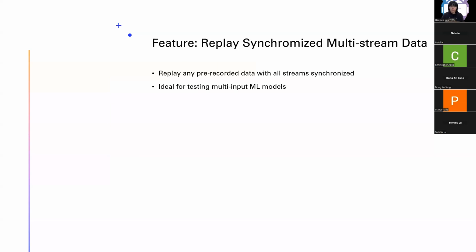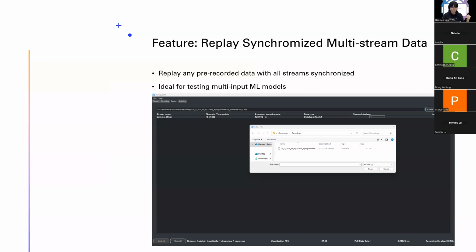So the next feature I want to introduce is replay of synchronized multi-stream data. Inside PhysioLabXR, you can replay any pre-recorded data with all streams synchronized, and it's an ideal tool for testing multi-input machine learning models. After you go to the replay tab, here is the replay interface.